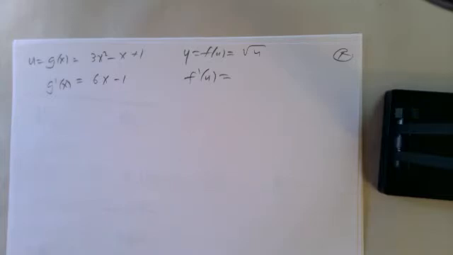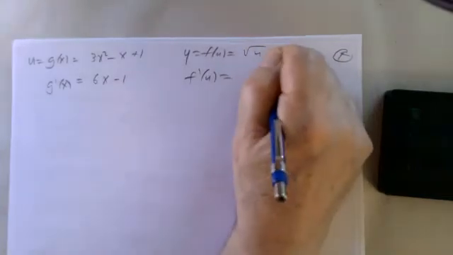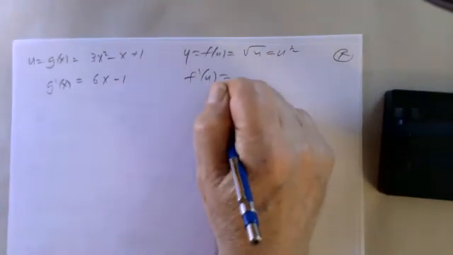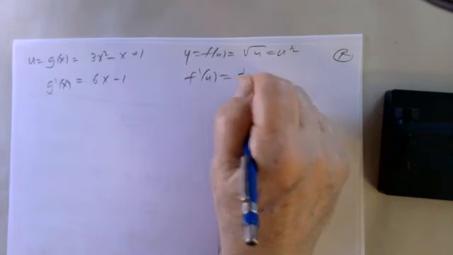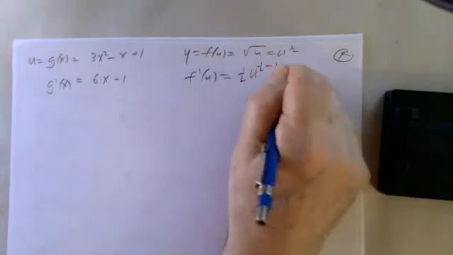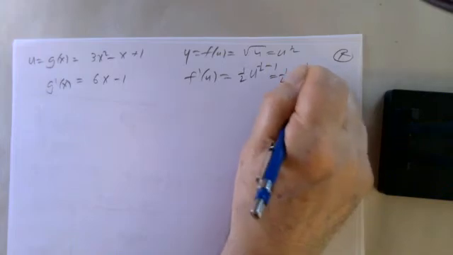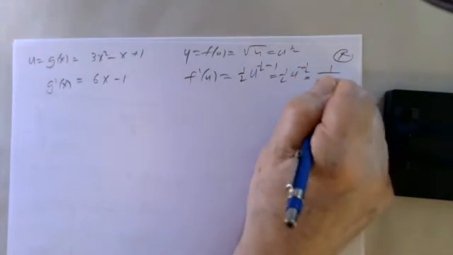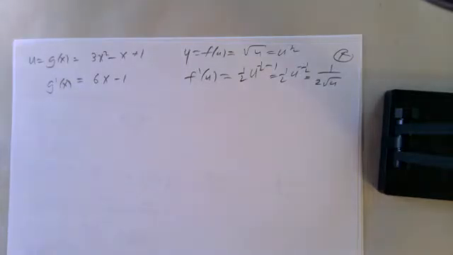Not quite. So square root of u is u to the 1/2, so it's u to a power. So the derivative is the exponent 1/2 times u to the exponent -1/2, which is 1/2 u to the -1/2. That's 1 over the square root of u, so it's 1 over 2 times the square root of u. So the denominator is 2 times the square root of u.